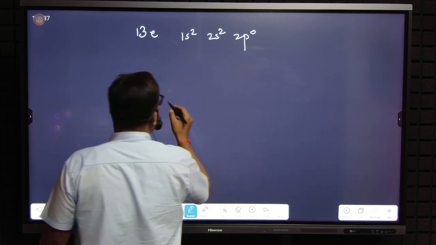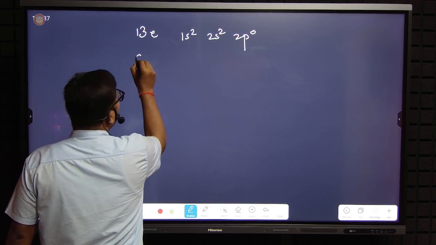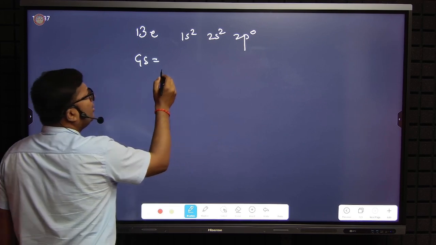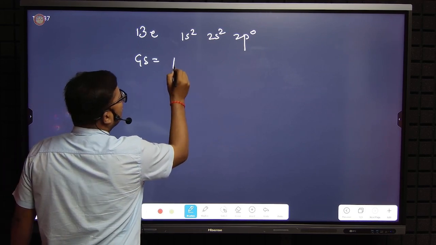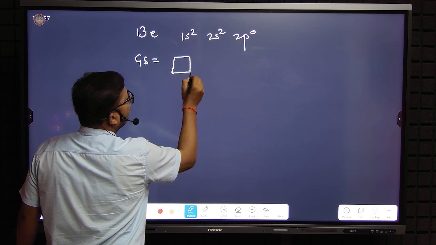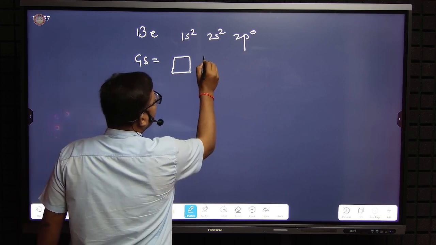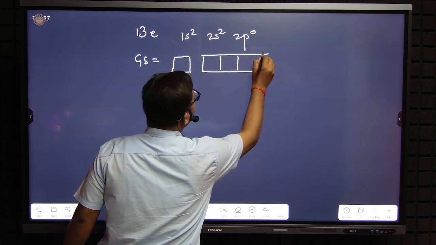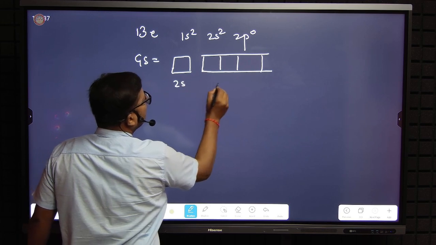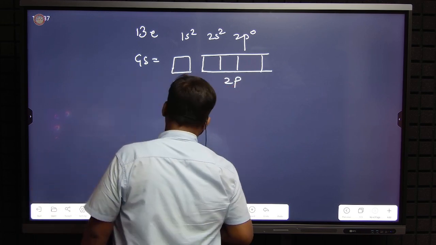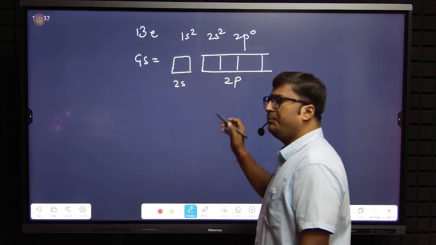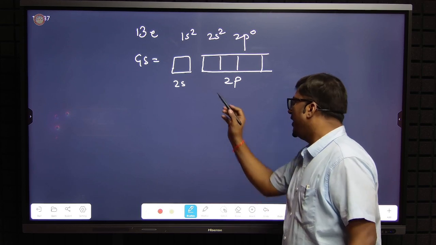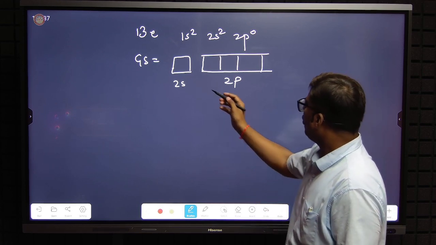In the ground state, we draw the orbitals like 2s and 2p. The p subshell has 3 p orbitals, px, py, and pz, and the s subshell has only one s orbital.